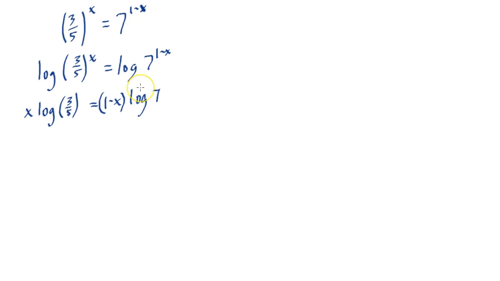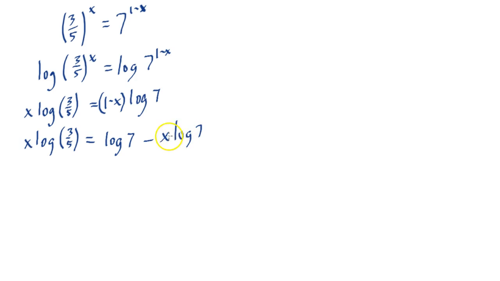Now, you may know this property, but when you have more than one term with an x, as you can see, I'll go ahead and distribute this here first. So distribute log 7 through the parentheses, and we have log 7 minus x log 7.